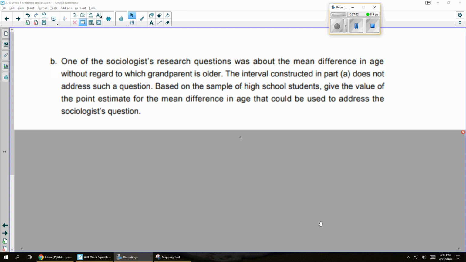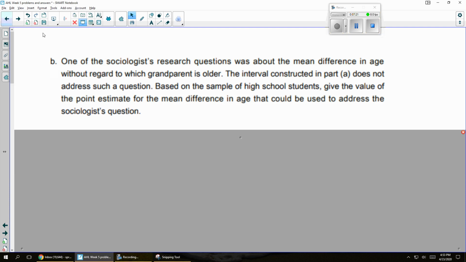So this seems a little confusing on the surface. Let's look at it again. We want to know the absolute value, essentially, the typical difference regardless of which one is older. So give the value for the point estimate for the mean difference in age.